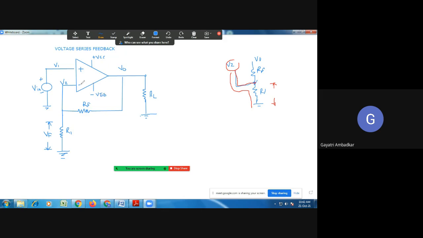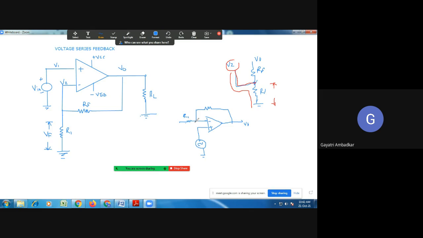Now I will show the same thing by drawing it in a different way. This is your op-amp, and I am giving input to the positive, non-inverting terminal, and this is the negative, inverting terminal, and I am connecting a resistance R1 here. Output voltage is available here at pin number 6.